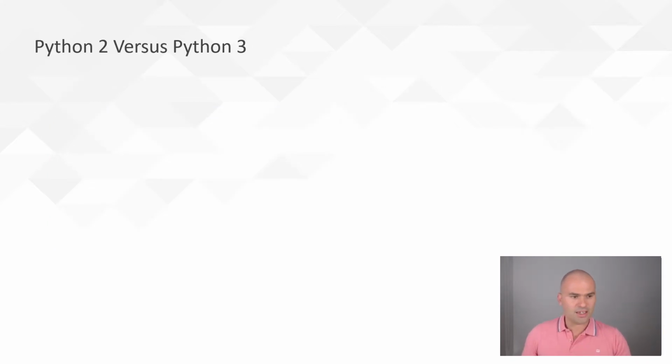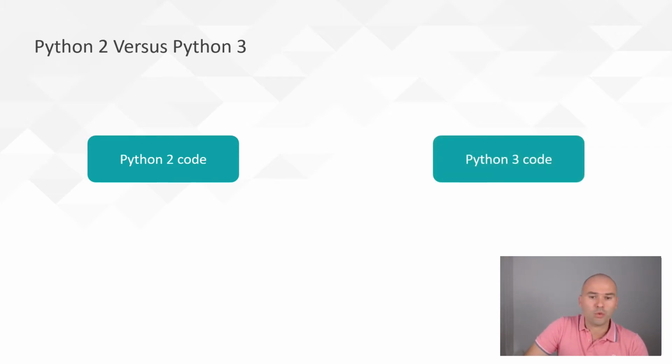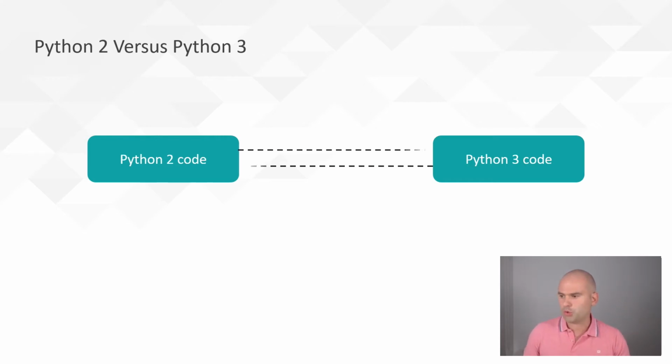So finally, as a part of our intro, I'll give a note on Python 2 versus Python 3. Python 2 was the previous implementation of Python. It's still out there. Unless you're actually hired and working to maintain a Python 2 code base, there's no reason to learn Python 2.